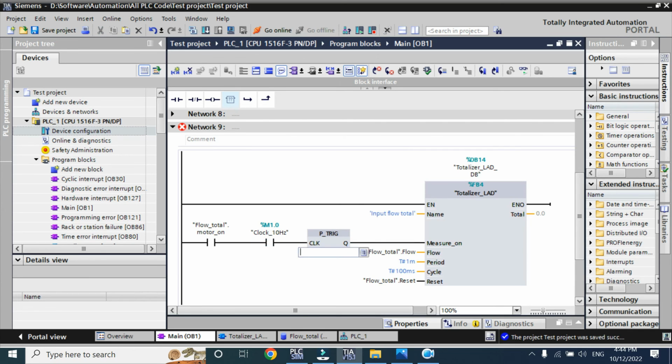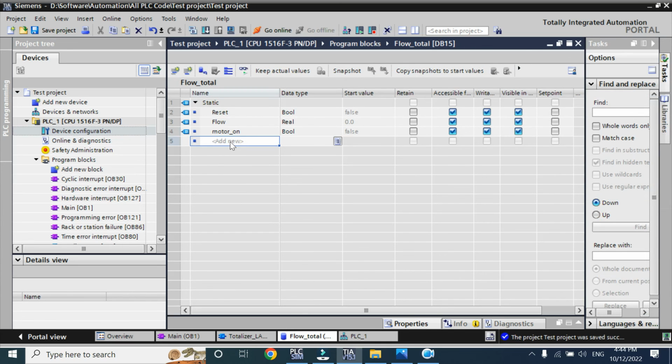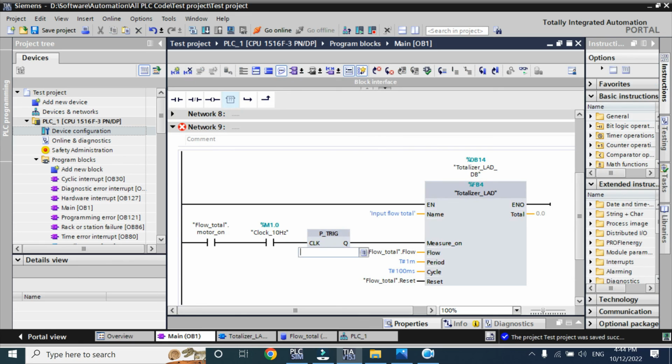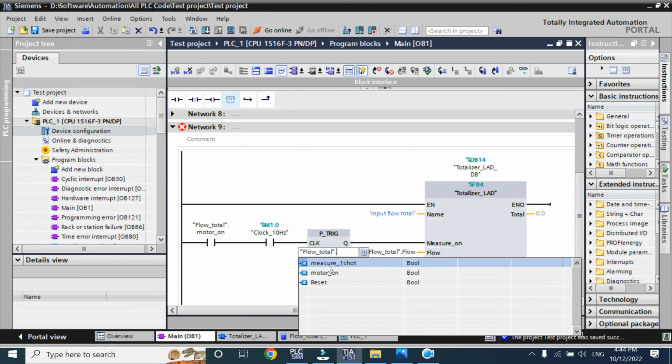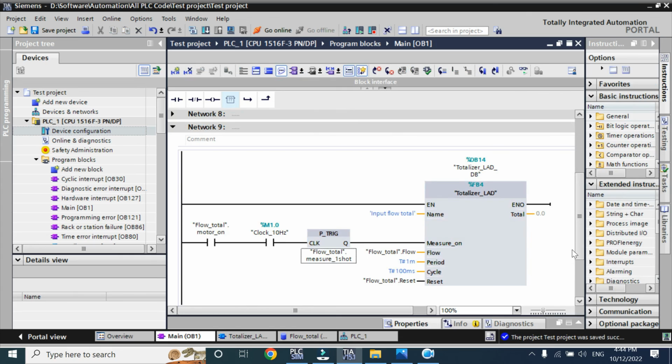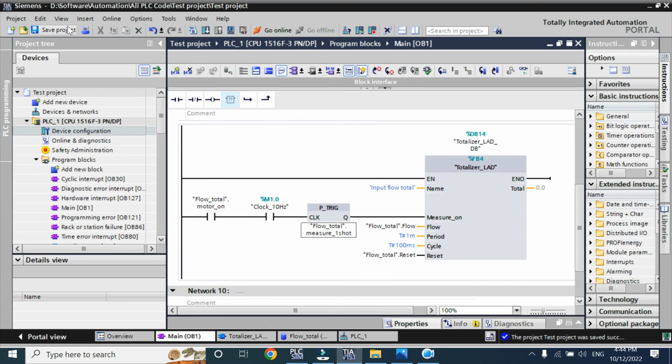So here we will use a memory bit as a one shot, total one shot, measure one shot, and that is bool. Here we will use flow measure one shot. Okay, this is all of it. Now we'll download.